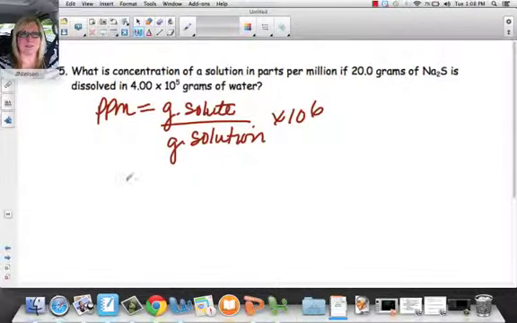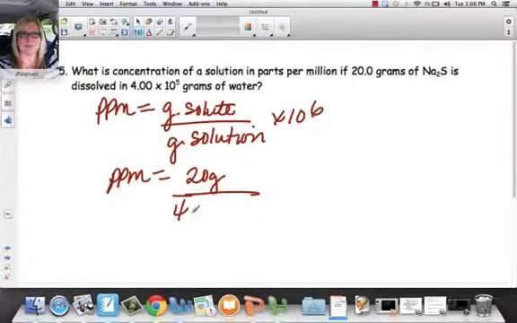So we've got parts per million equals 20 grams, and it's dissolved in this much. So that means you have to include that. So you've got 4 times 10 to the 5th grams plus 20 grams.